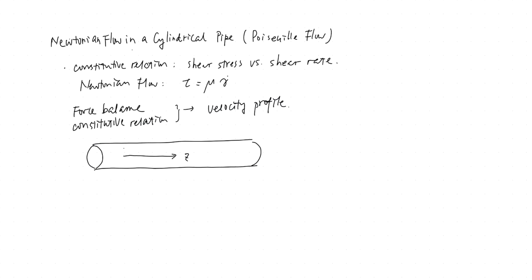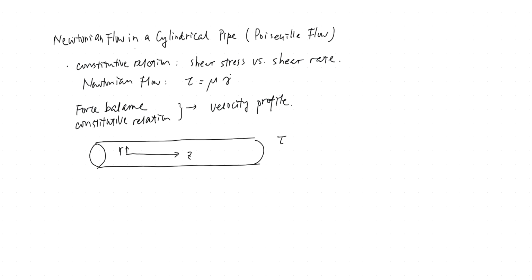And the shear stress, tau RZ equals R divided by 2 dP dz. If you forgot about this, make sure you go back to the last lecture and review how we derived this.